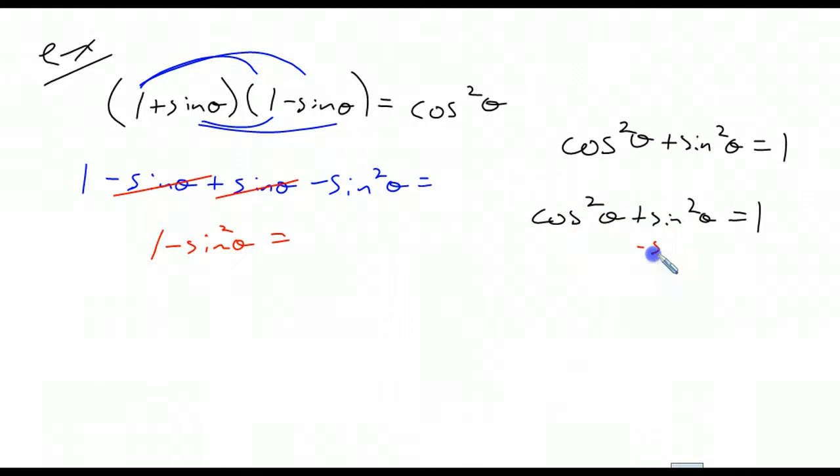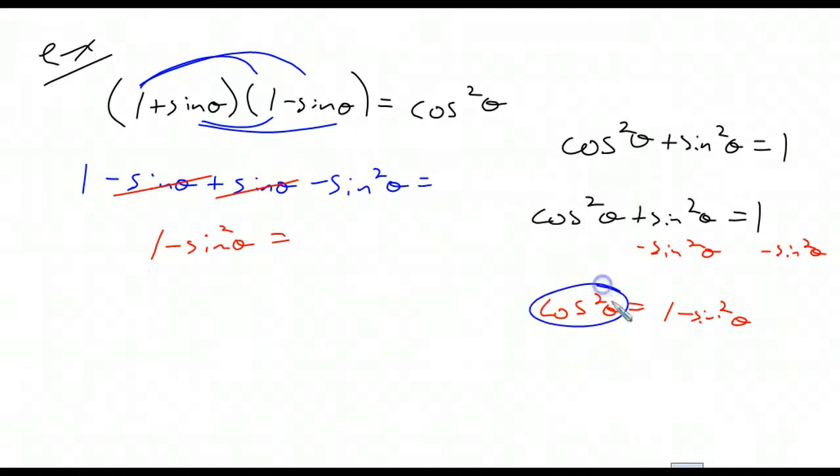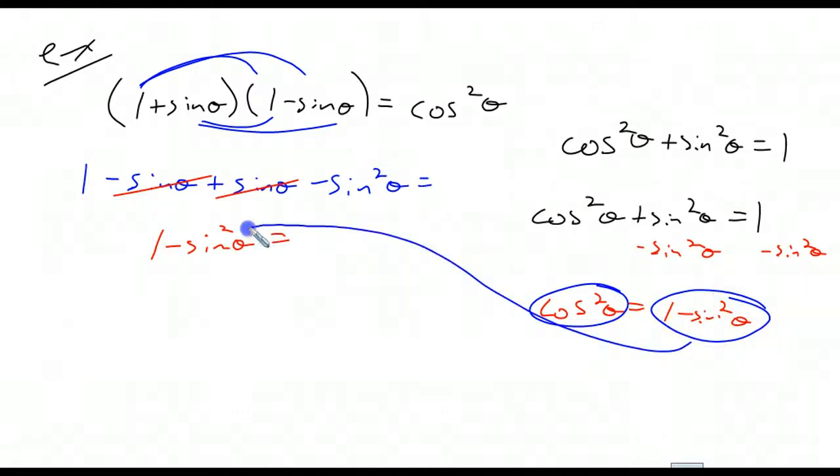Because if I use this identity and I subtract sine squared theta, so I make it look like cosine squared theta equals 1 minus sine squared theta, then I can substitute in what I know cosine squared theta to be for 1 minus sine squared theta. Because this is the same thing as that, so this must be cosine squared theta equals, well, there we go.